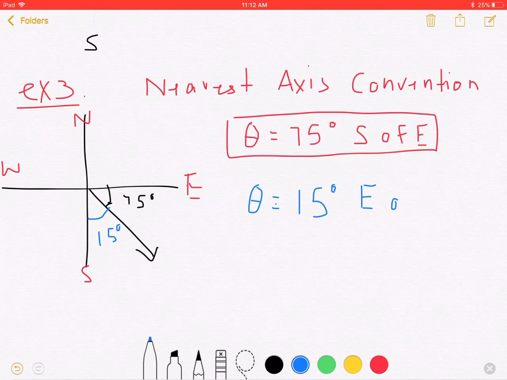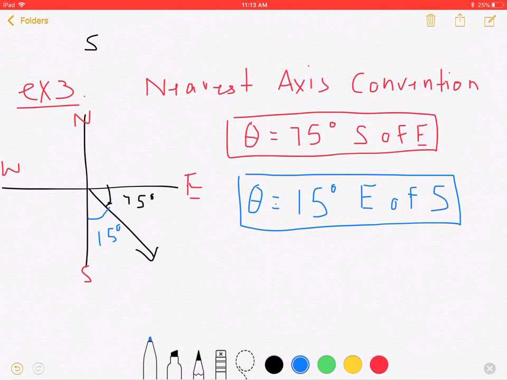So from south, we would walk 15 degrees towards east. So theta would be 15 degrees east of south. So despite the fact that this convention is called the nearest axis, which would imply that you need to measure theta from your vector to the nearest axis, it's really either of two axes that are close to your vector. It's acceptable to measure theta from either of those axes as long as you assign direction correctly.